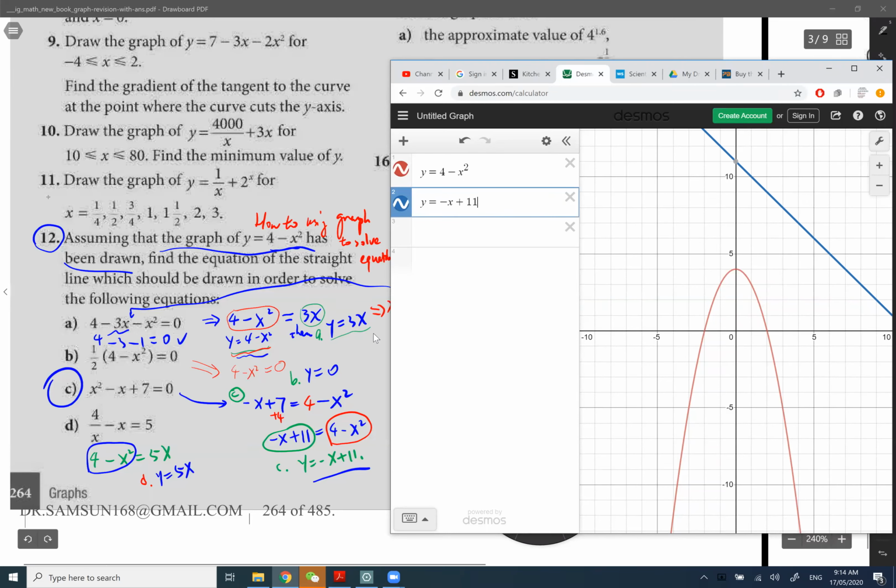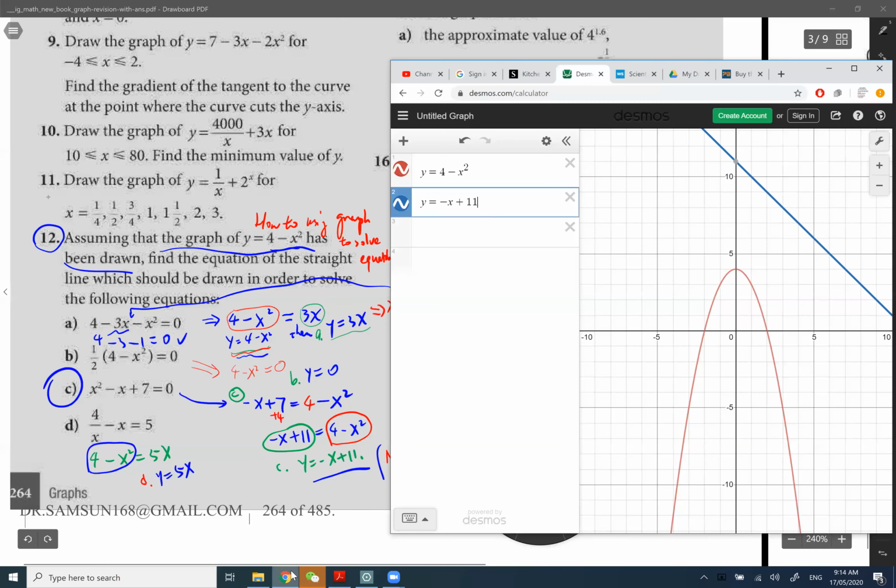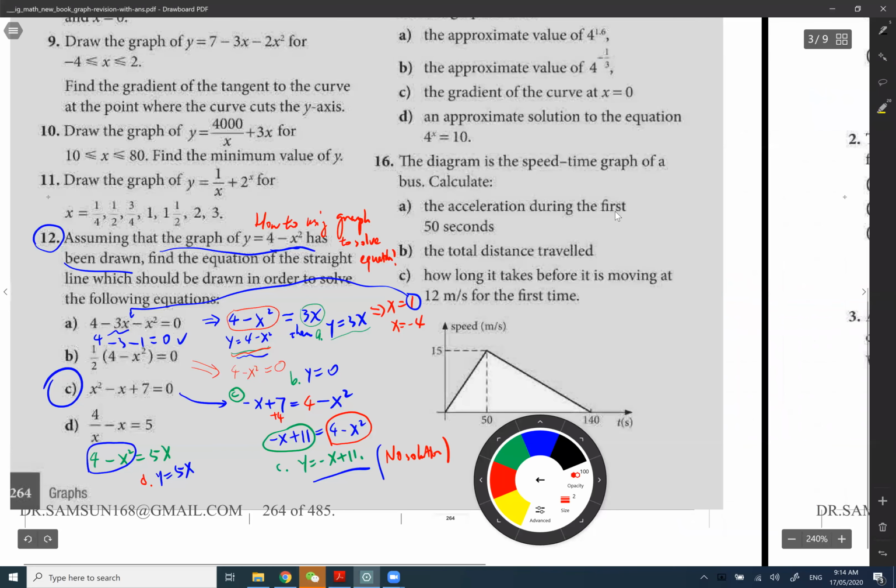So for part C, we need to say no solution. If you solve further, no solution, because the graphs are away from each other, with no intersection. So that's the idea of using a graph to solve equations.